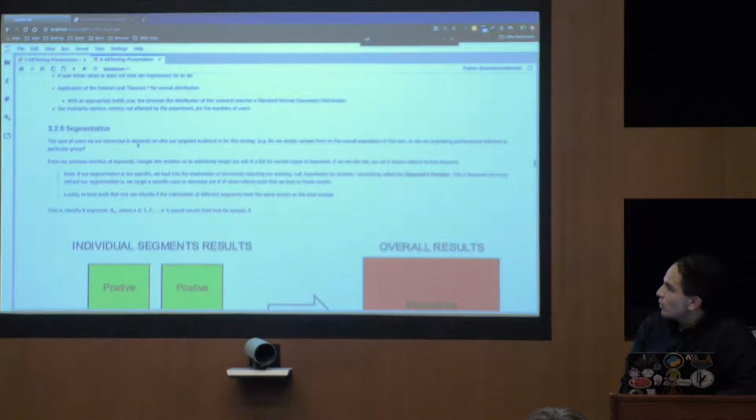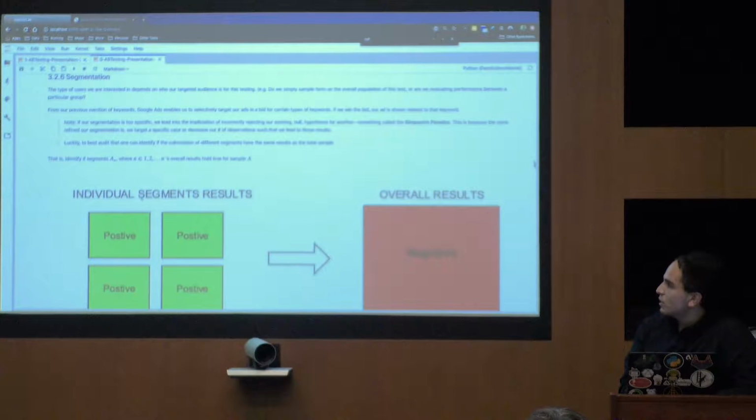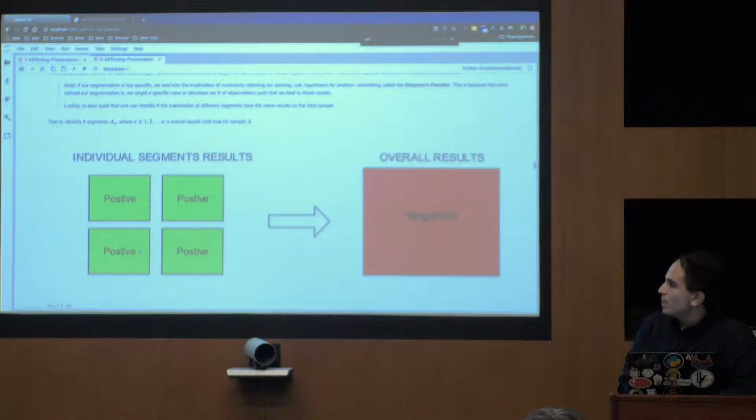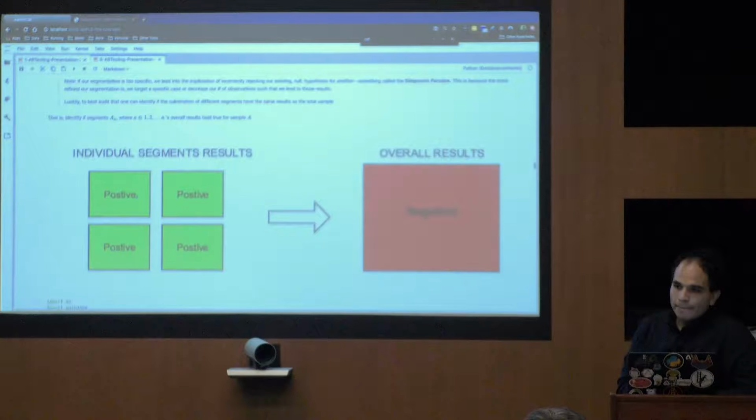And then here are some other remarks, like segmentation. Be careful when targeting specific types of users, because say in your A/B test, for different permutations of segments, there is a difference between the two groups for every A/B test you run on those particular segments.